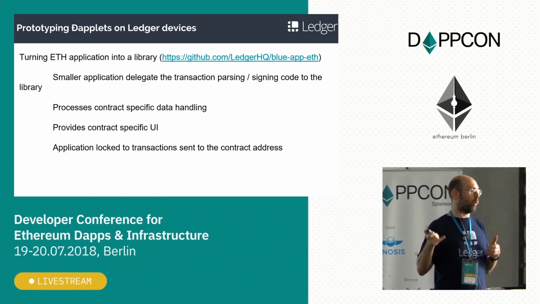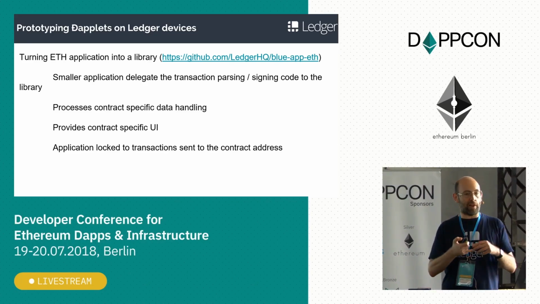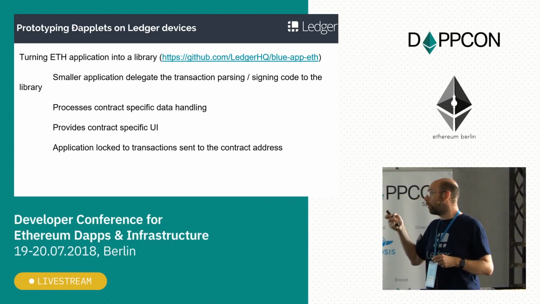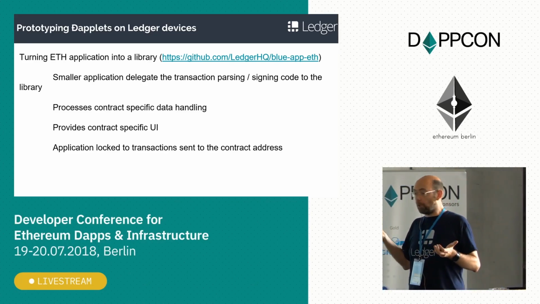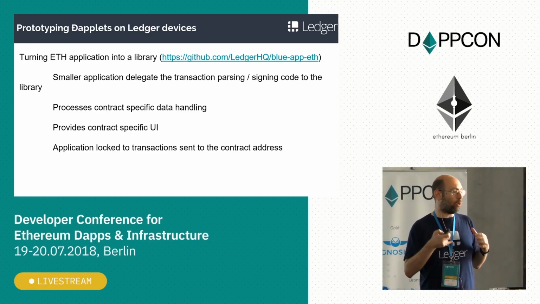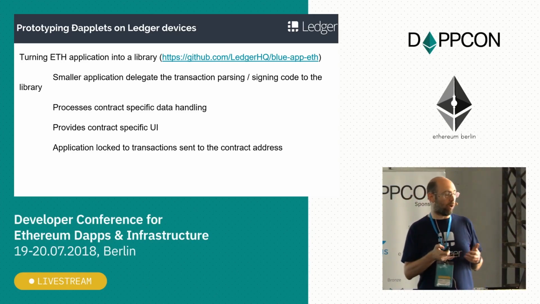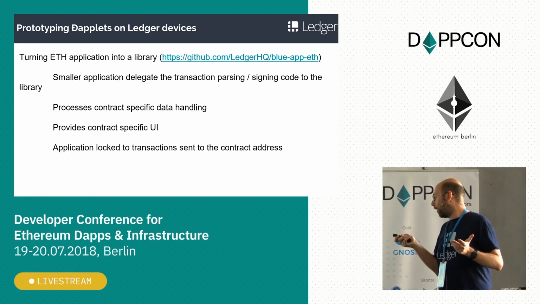That's an operation we have already done with Bitcoin. So you will be able to load small applications that call back to that library for everything that's common to Ethereum and implement a specific contract UI in this application. You will load the application alongside the contract, delete it when you don't need it, and this way provide a completely native UI when interacting with the application.